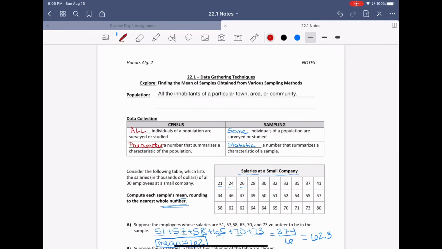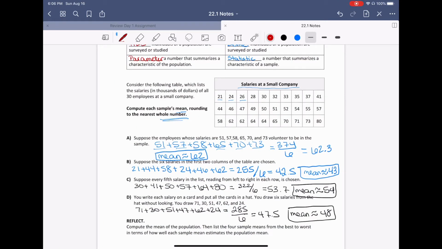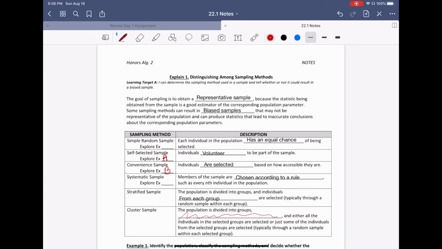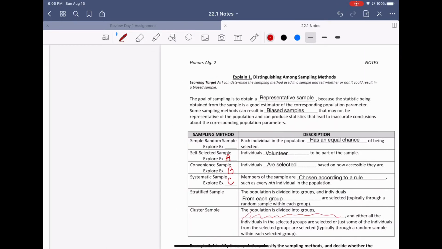Now, example C, suppose every fifth salary in the list is chosen. So every fifth, every nth. This is a rule. So C would fall under systematic. It's following the rule, every nth individual.